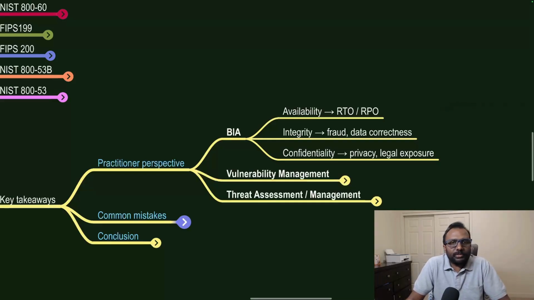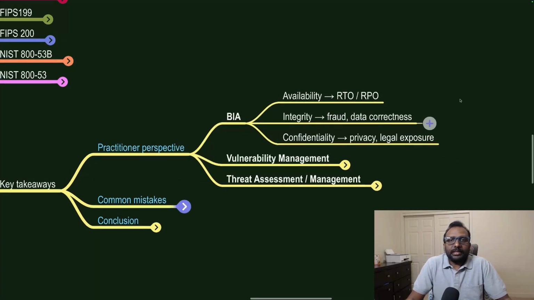For integrity, it is fraud or unauthorized modification of data. For confidentiality, it is a data breach or exposure of private data, like PII or PHI. Then what level of security, availability and incident response do we need to implement? All of this is part of the business impact analysis, and security categorization helps us do it.